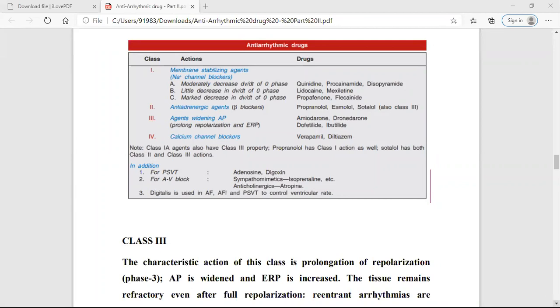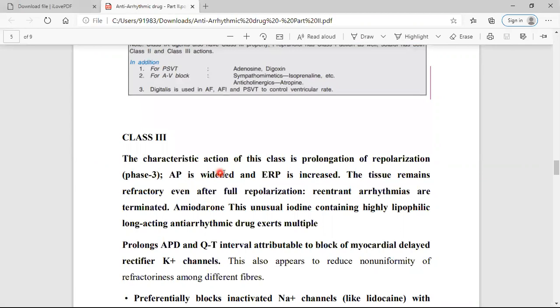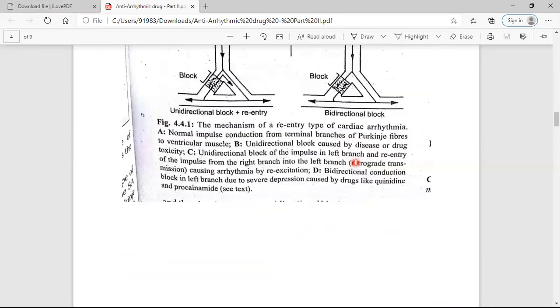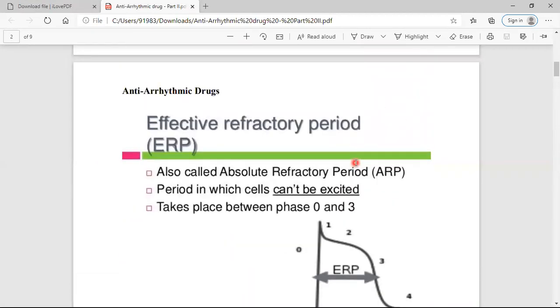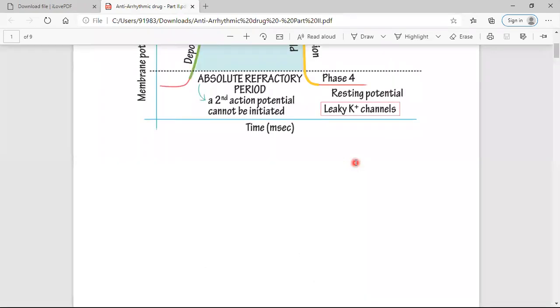Now the third category is the class 3 antiarrhythmic drug. The characteristic action of this drug is the prolongation of repolarization. It does this by blocking the potassium channel. So again, go through the action potential.